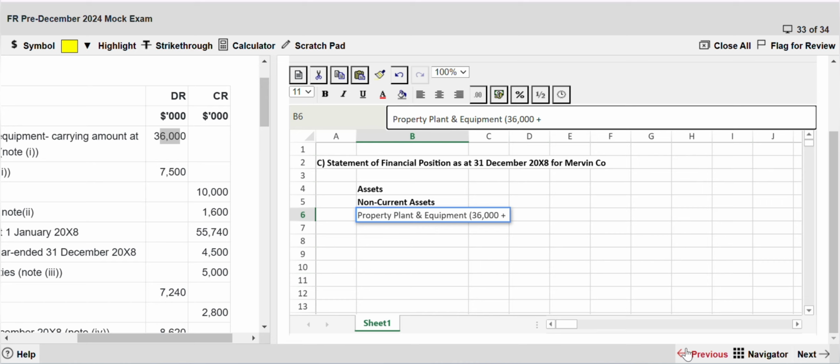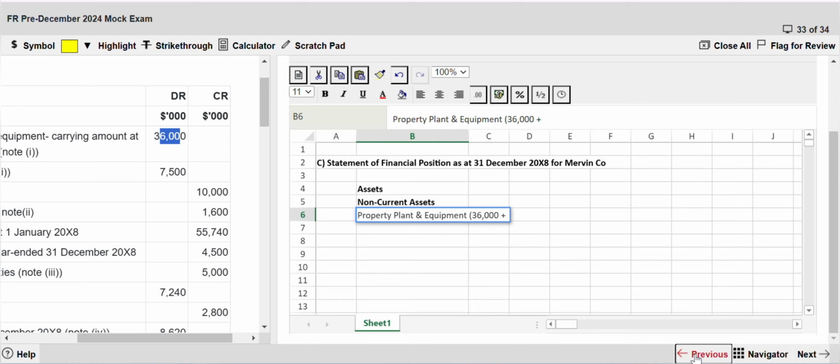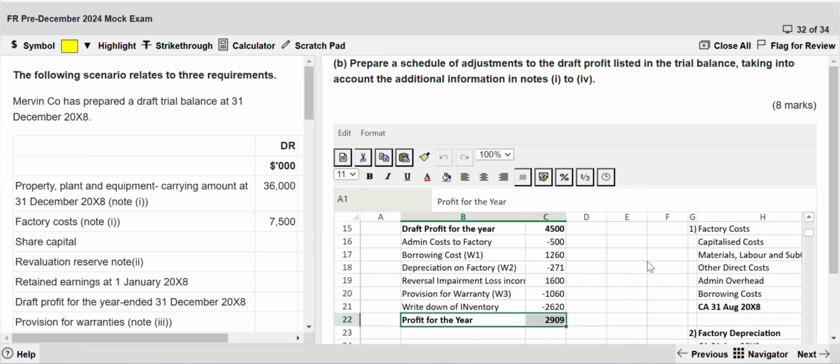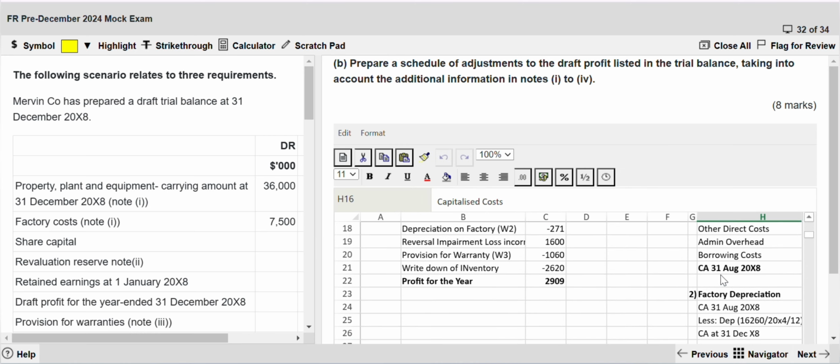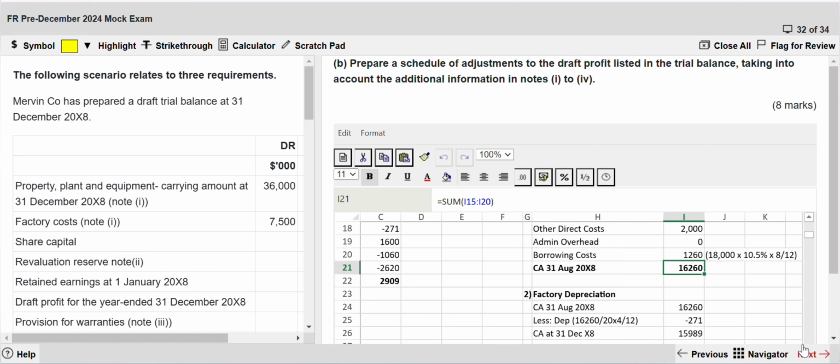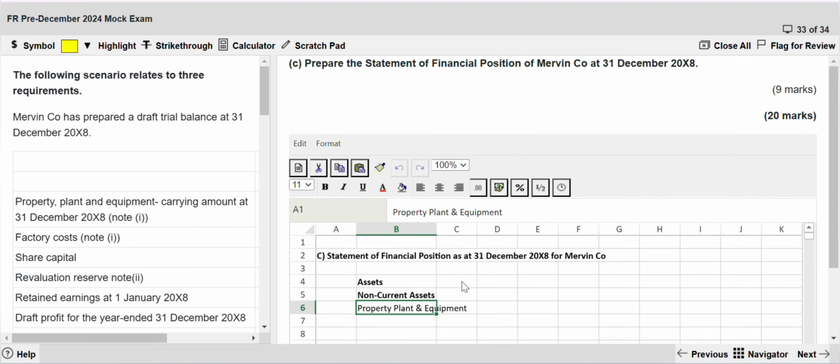So in this case, you watch the requirement. Whichever is the biggest working. So the working for factory cost is 16,260, right? So you can shuffle it.